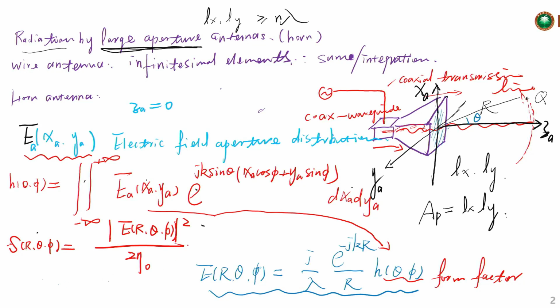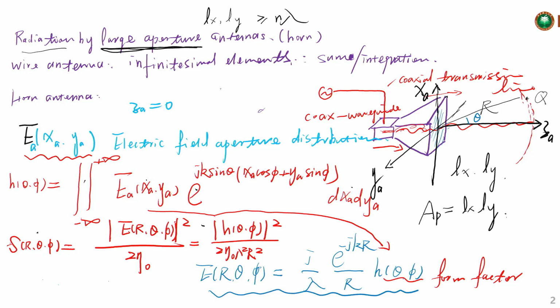It can further be expressed as the integration part divided by 2 eta naught lambda squared R squared, where the R part disappears, times H(theta, phi) squared, alright? So this is just a general form for the expressions of the electric field and the power density.